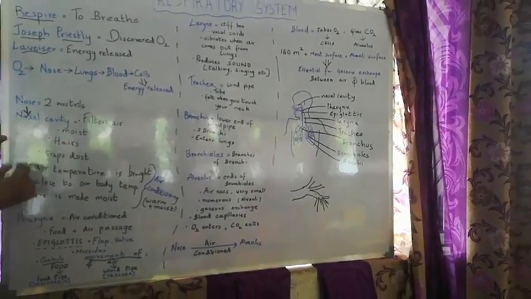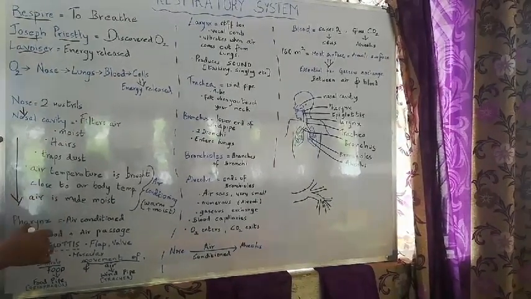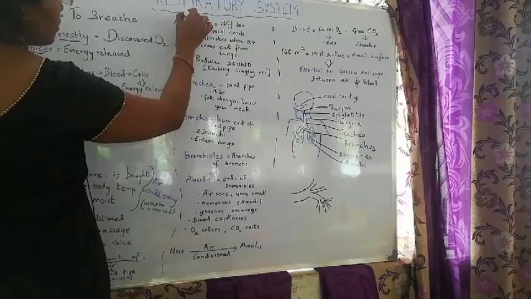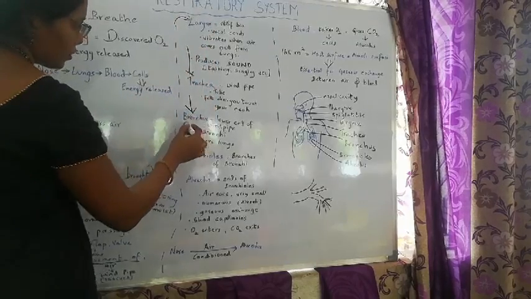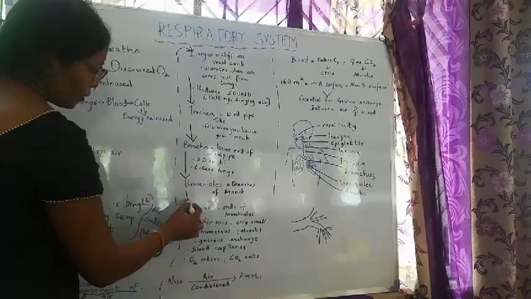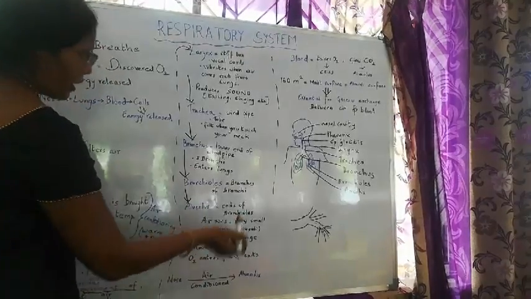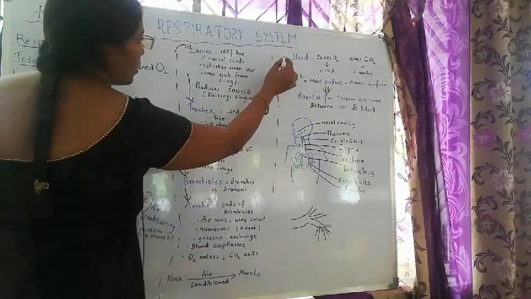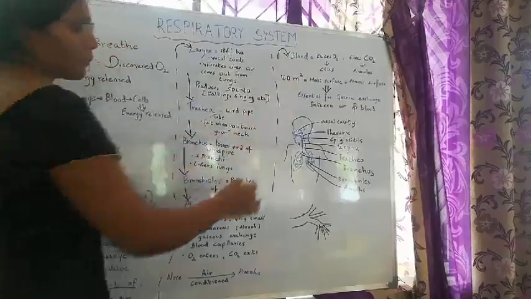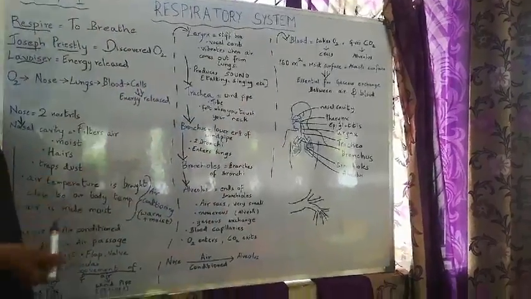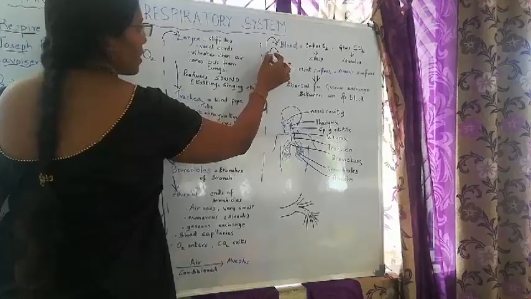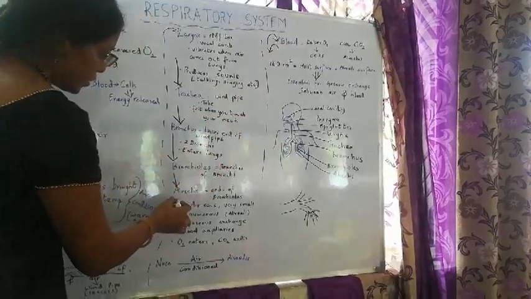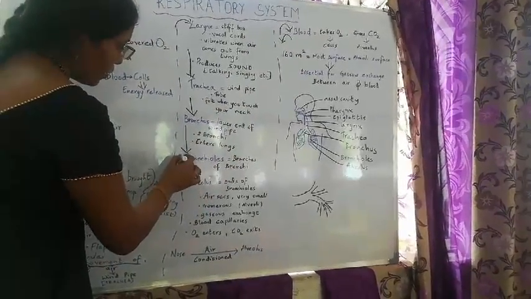For oxygen, the arrow marks are pointing downward, from pharynx to larynx, larynx to trachea, trachea to bronchus, then bronchioles, alveolus, and finally after the alveolus into blood. This is the route of oxygen, whereas carbon dioxide is the reverse, from blood to alveolus.